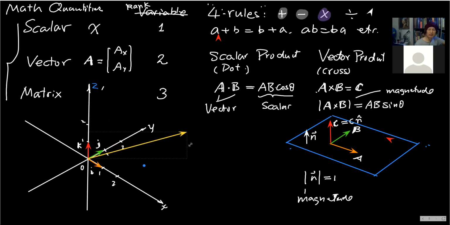For example, if this is the case, then this position vector can be called R. This is a vector in a 3D space. So how do we determine the position of this position vector, the position called P?